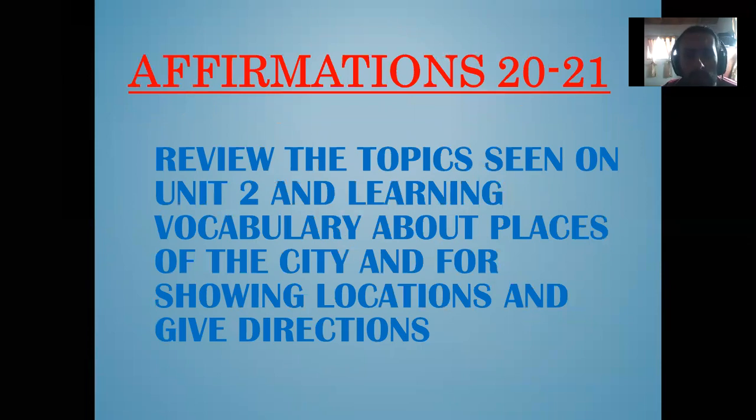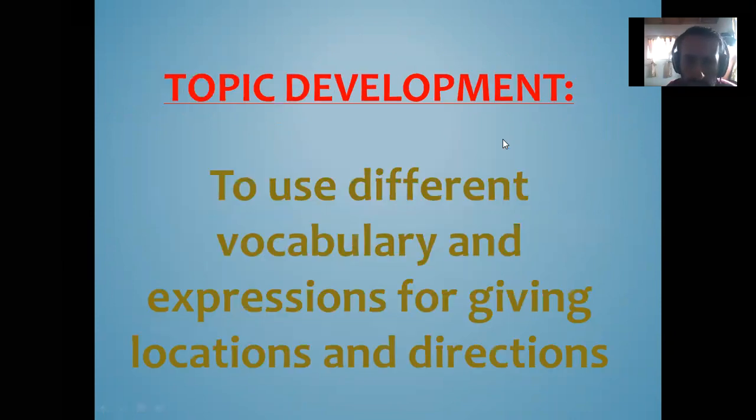After, we are going to study in the corresponding virtual class affirmations number 20 and 21. This is about a review of Unit 2 and learning vocabulary about places of the city and for showing locations and giving directions.